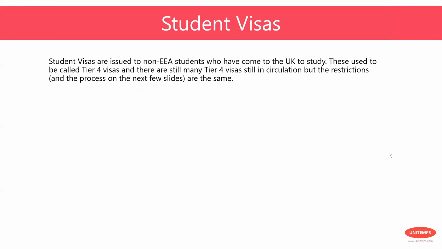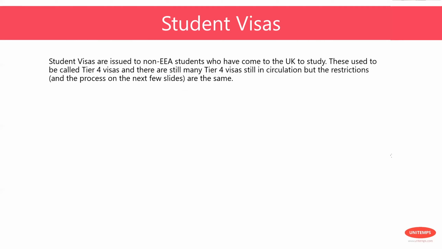Student visas are what you're going to encounter most of the time with visa holders. Student visas are issued to non-EEA students who've come to the UK to study. These used to be called Tier 4 visas, and for the time being, you're likely to still come across a lot of Tier 4 visas because they only started issuing student visas last autumn.